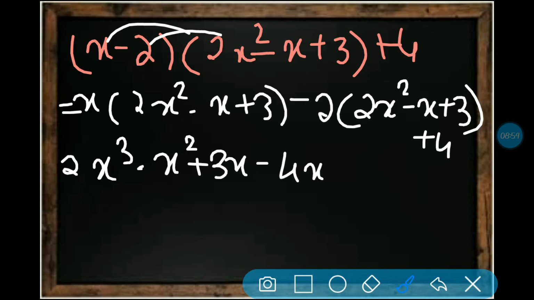Minus 2 into 2x square is minus 4x square, and minus 2 into minus x is plus 2x. And finally minus 2 into 3 is minus 6, and plus 4 as it is.